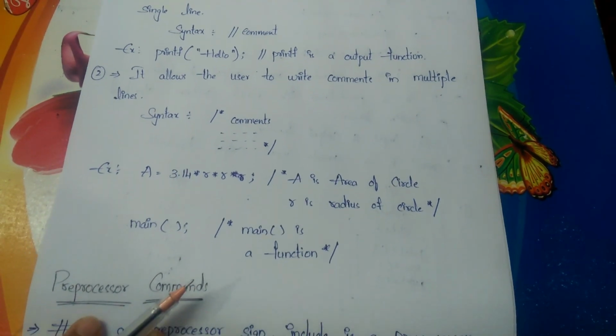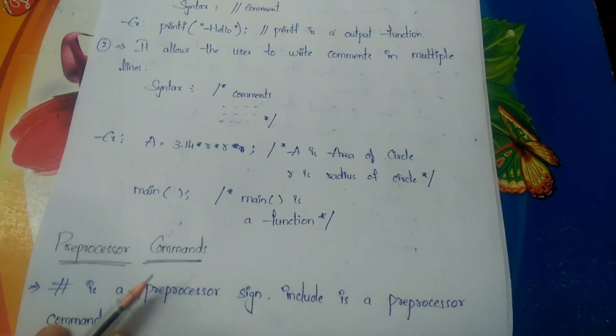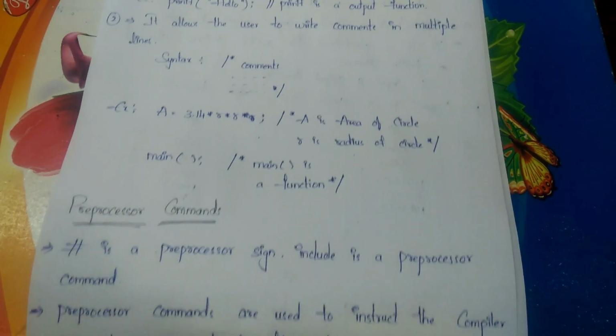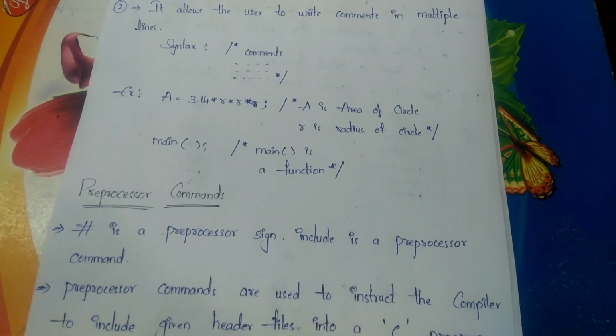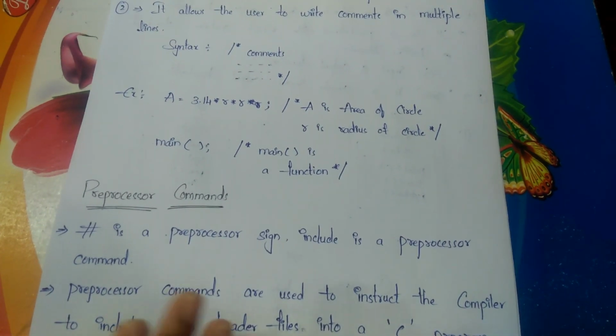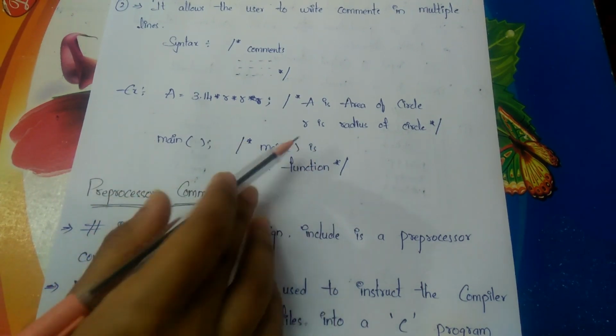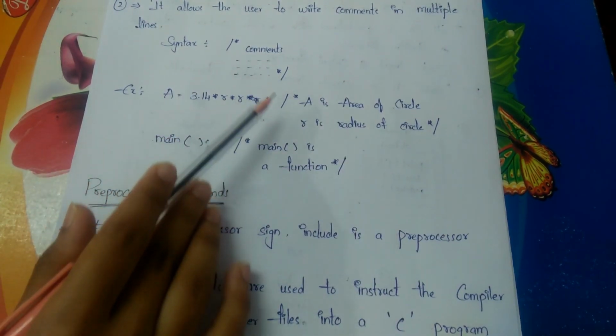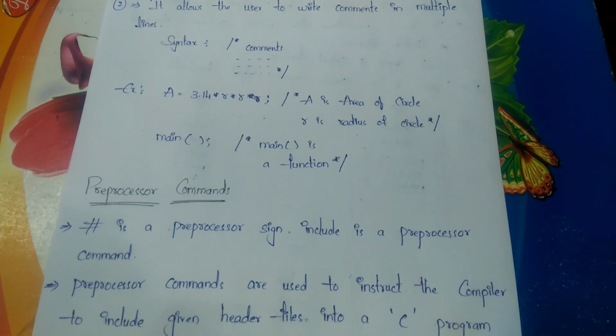Now end with the asterisk and the forward slash. The second example is main, which is also ended with a semicolon, and main is a function. I write that within the multiple comment line. This is the syntax of the multiple comment line, and this is all about the documentation section.